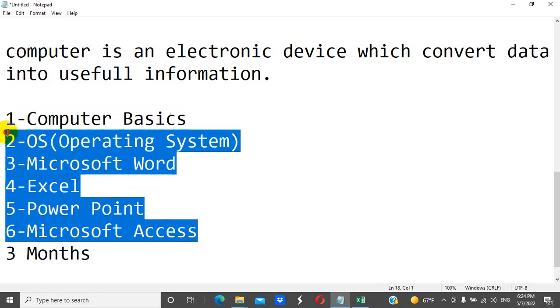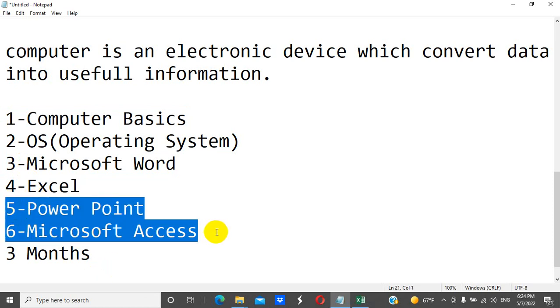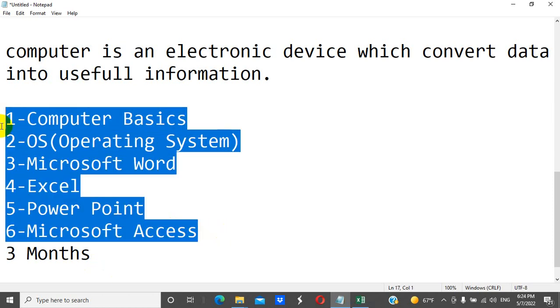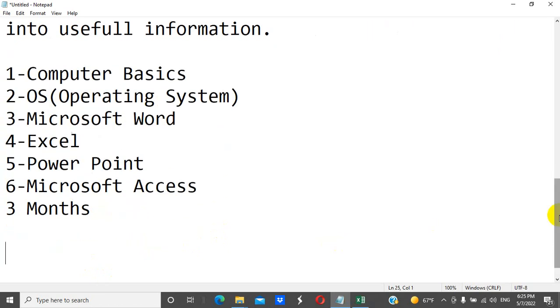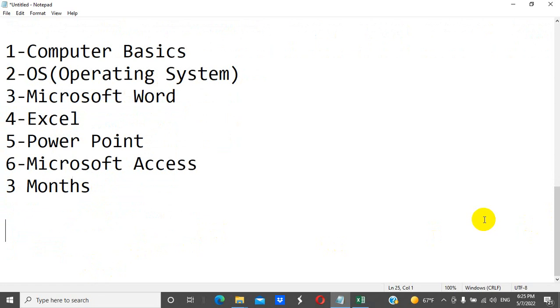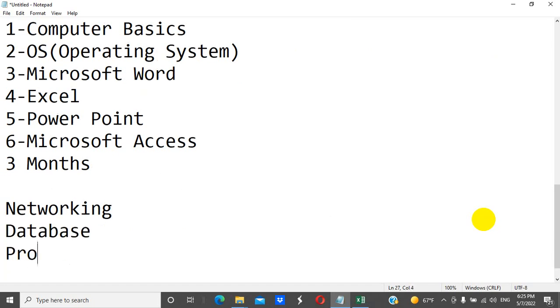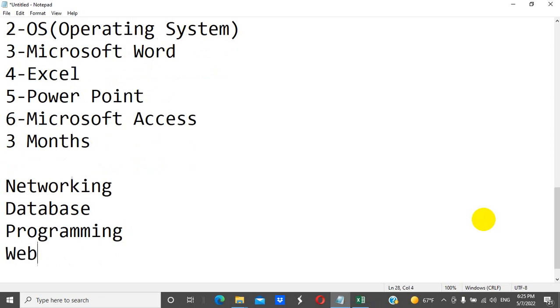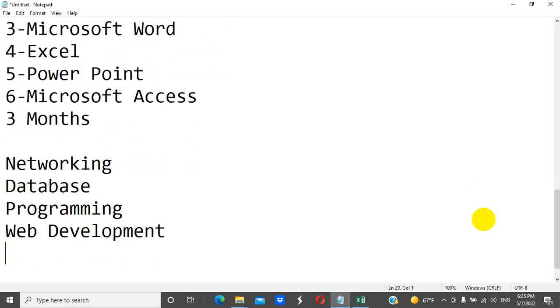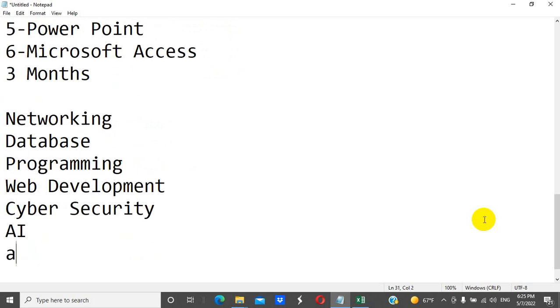These are the computer basics, the basic things that everyone should learn in computer, because those are today's basic needs. And after that, if someone decides to work at an advanced level, we have different study fields in computer, for example, networking, database, programming, web development, cyber security, artificial intelligence, AI, and other fields.